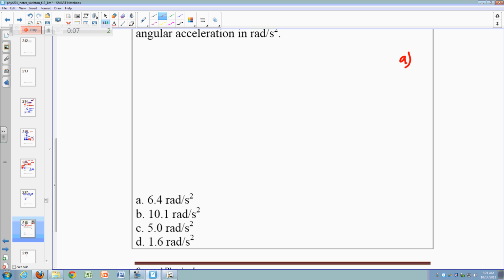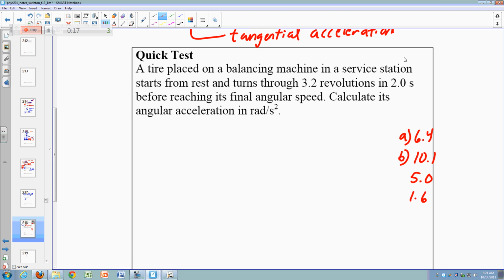I'll write the answers here. Notice the units are different.